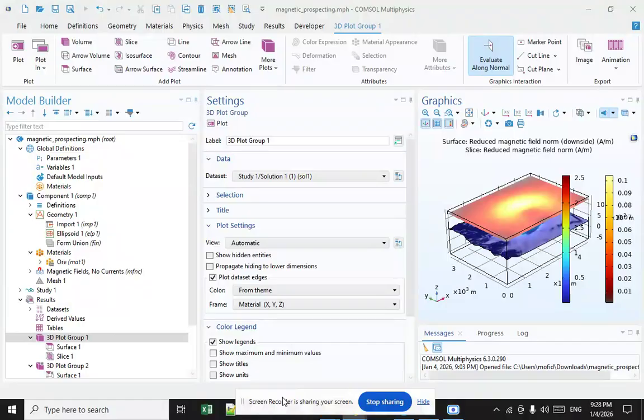The next one is limitations. Gold and other non-ferrous metals are not directly detectable with standard magnetic methods as they are not significantly magnetic.